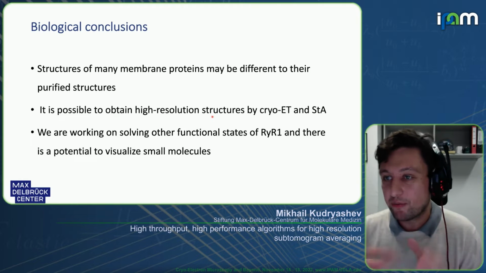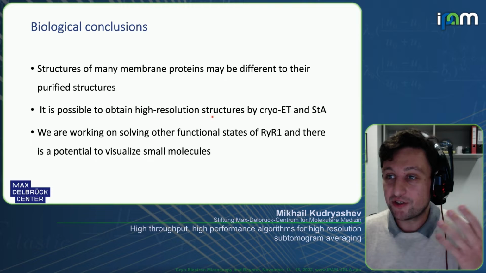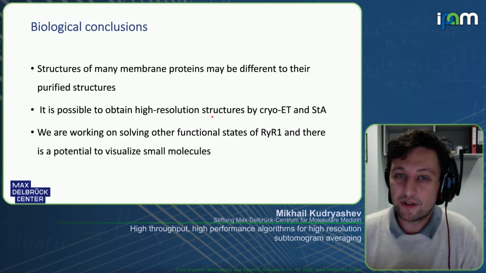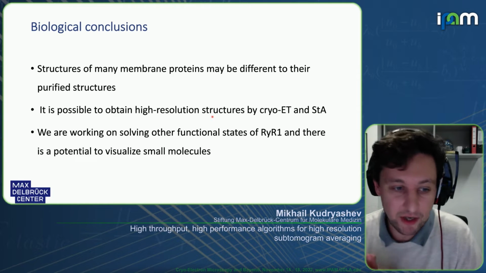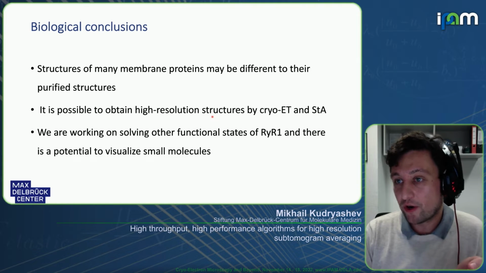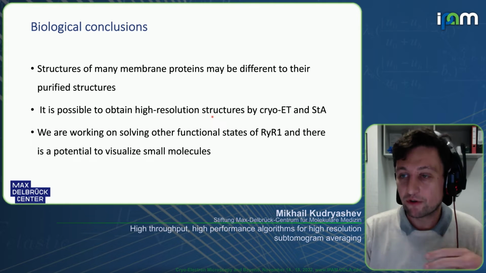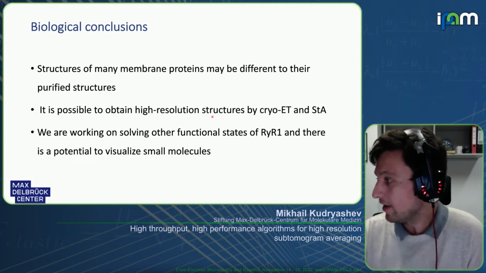So what we're trying to do now from the biological standpoint is to look at the classification of the receptor, and subtomogram averaging is a little bit more difficult to classify than single particle cryo-EM data. We heard about this a little bit, and at 4 angstrom structure, there is a potential that we can actually see small molecules bound to, for example, the transmembrane domain of the receptor, and we are exploring if we can look into that.